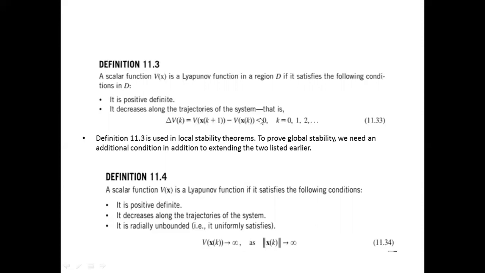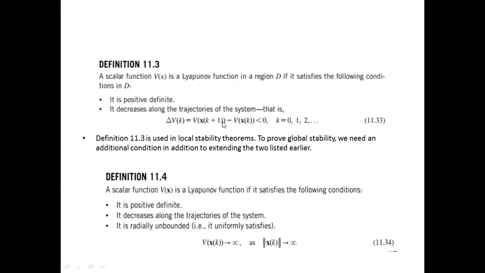That means if it is less than 0, the value of the future state is less than the value of the present state. That means as the system response changes with respect to time, as the time increases, the value of this future state is less compared to its previous state.